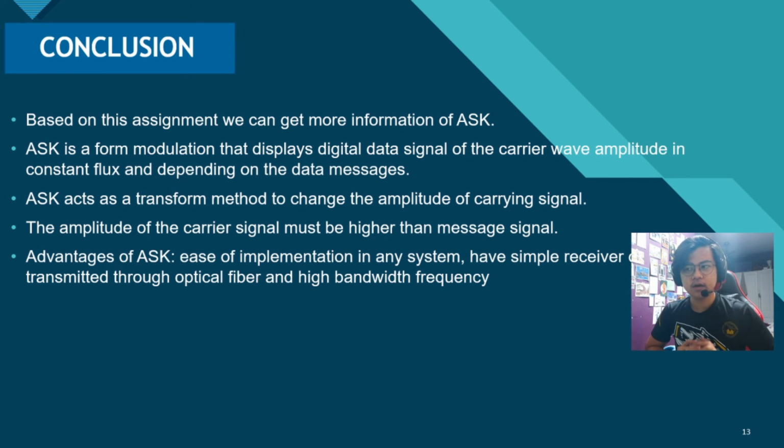The amplitude of the carrier signal must be higher than the message signal for ASK to work. The advantages of ASK mentioned were the ease of implementation in any system, the simple receiver design, and the transmission through optical fiber or high bandwidth frequency.